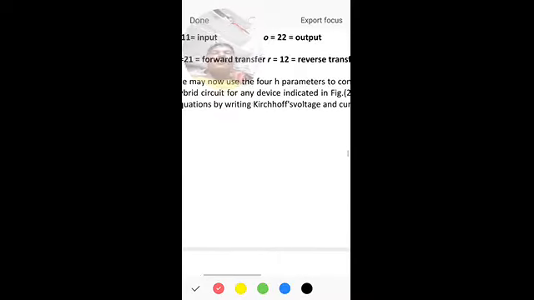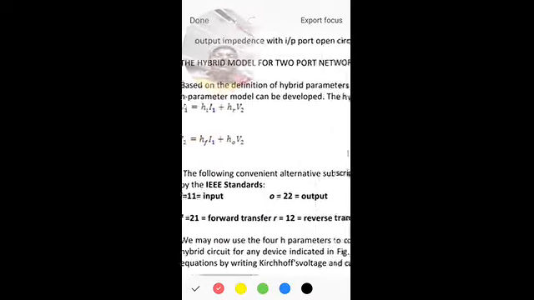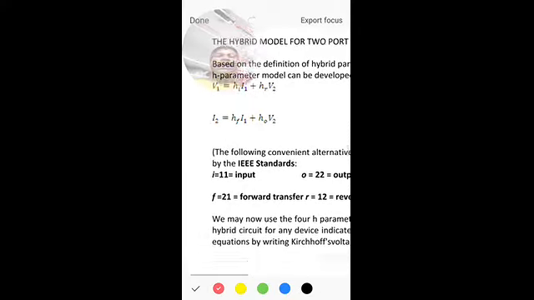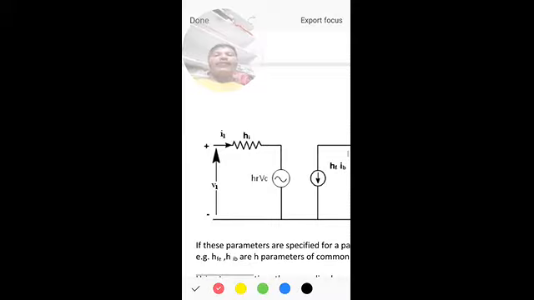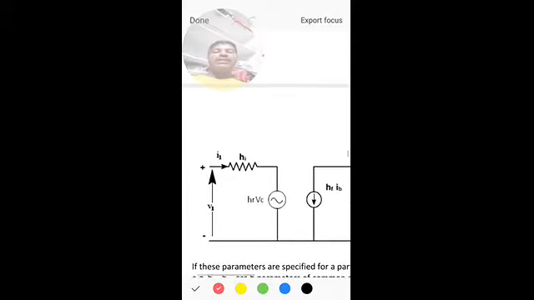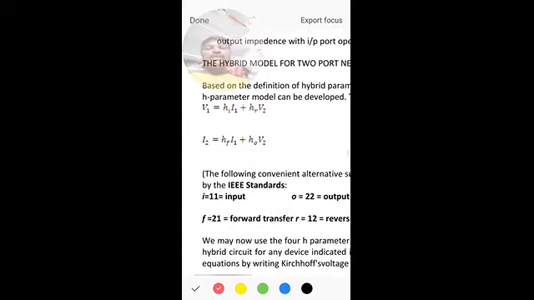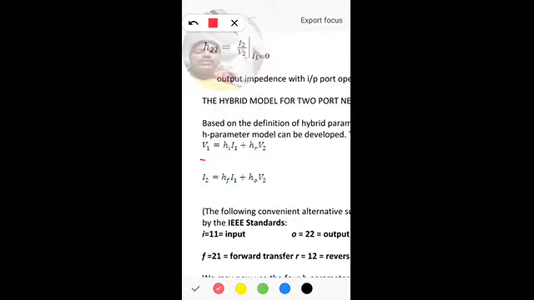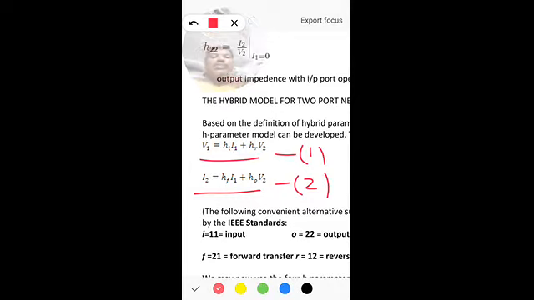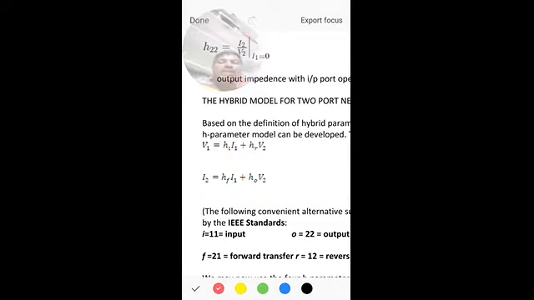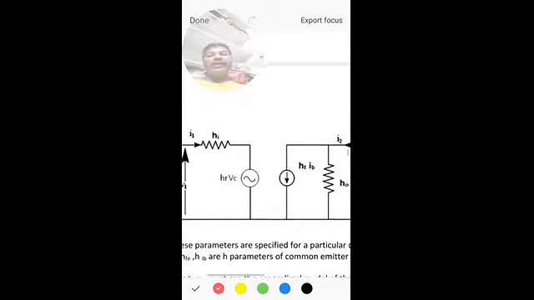So now we can represent these two equations, V1 and I2, in the form of a circuit. V1 is the input voltage. Equations 1 and 2 we can represent in the form of a circuit, shown here.